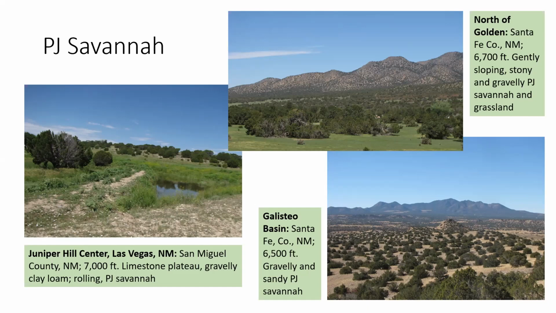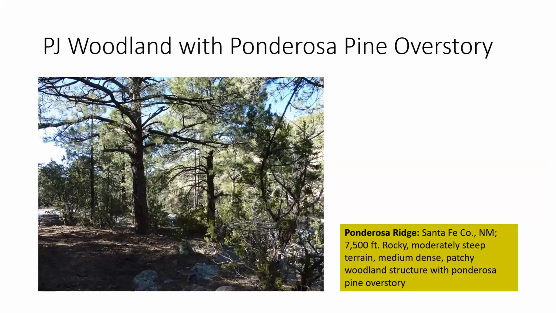And then finally, we'll find on the Glorieta Freedom Ranch and also throughout Santa Fe County the pinon juniper woodland with a Ponderosa pine overstory. And if you have taken hikes east of Santa Fe, you find a lot of that in the Ponderosa Ridge area, for instance, or the Wilderness Gate area.